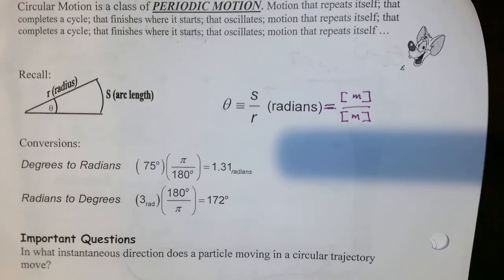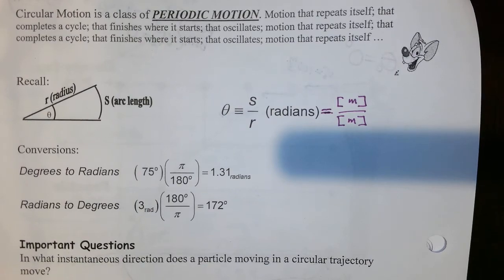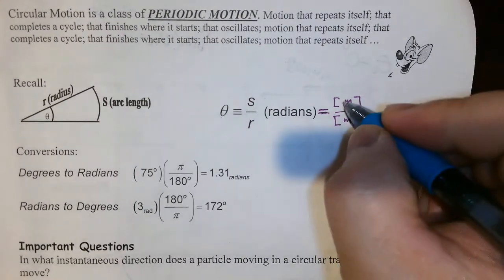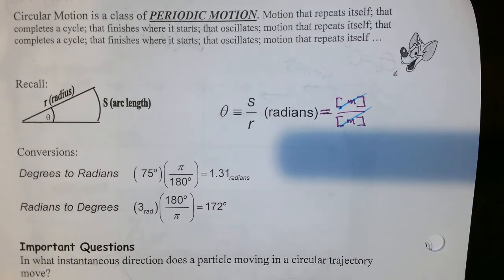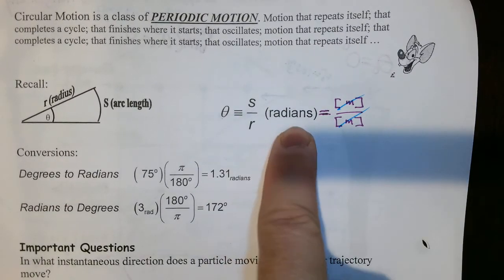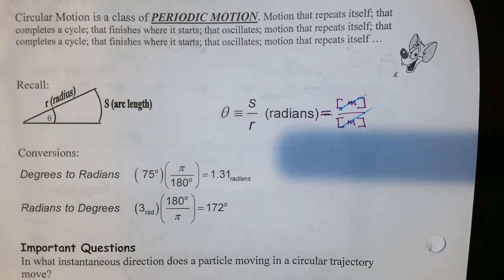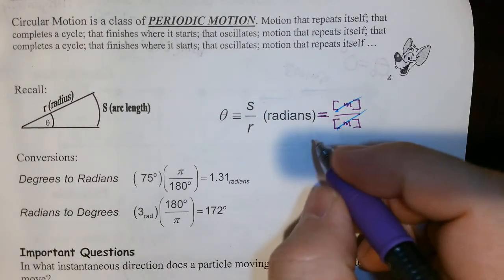So if you were to look at this, these units should cancel each other out, giving you nothing. But the ancient Greeks decided to give this fictitious unit called the radian, because it is a special ratio of arc length divided by radius.